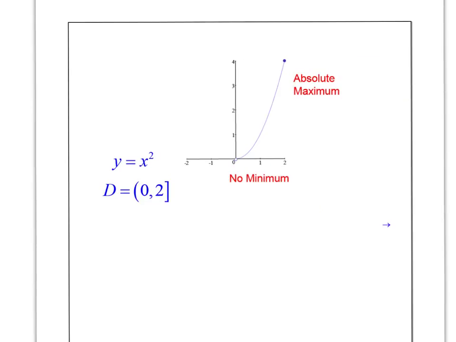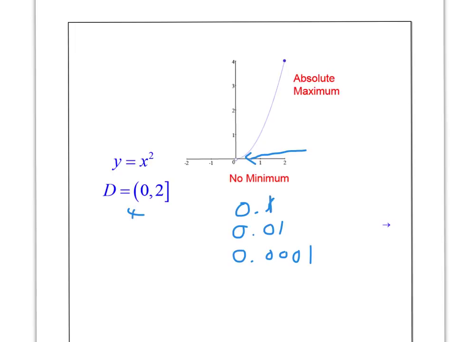Well, what happens if one of the ends is open, like at 0? So how low does this function go right in there? Does it go to 0.1? What about 0.01? What about 0.0001? You see my confusion there is how low can you go?